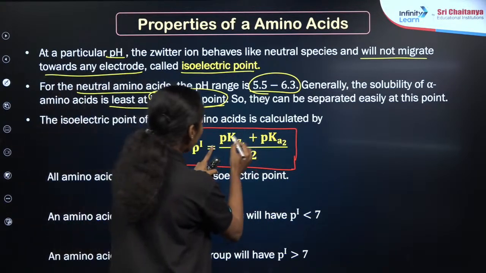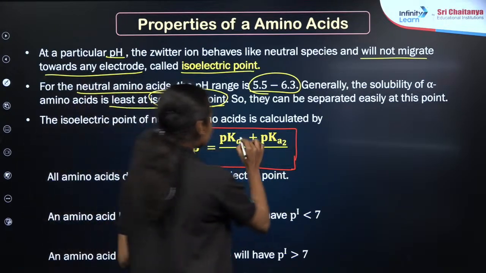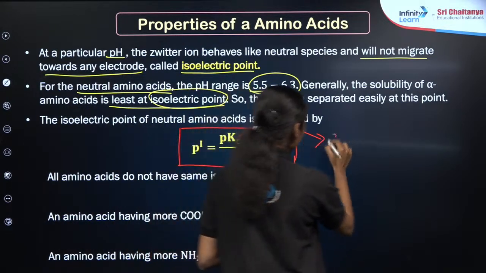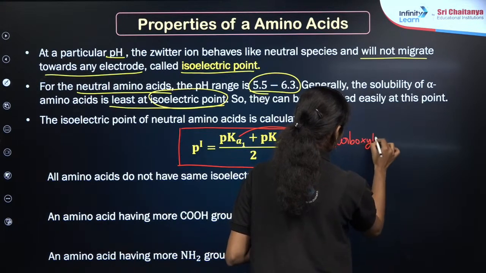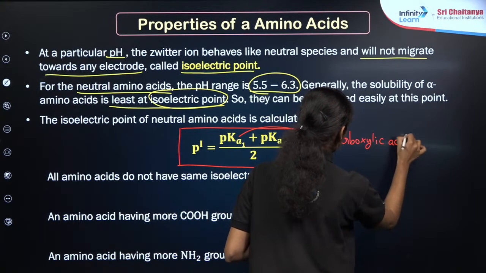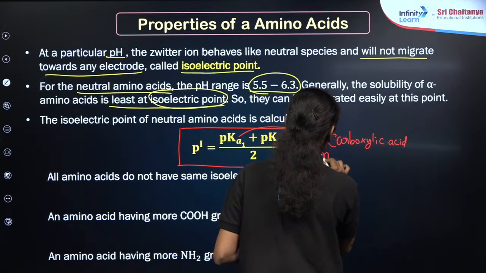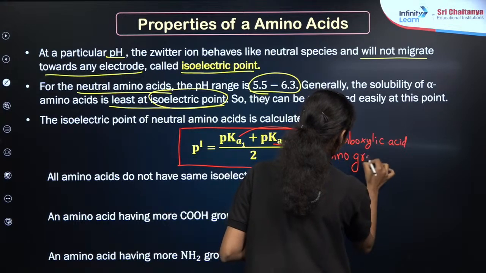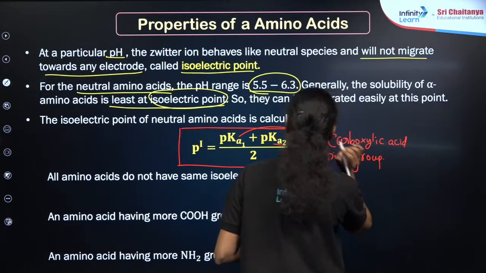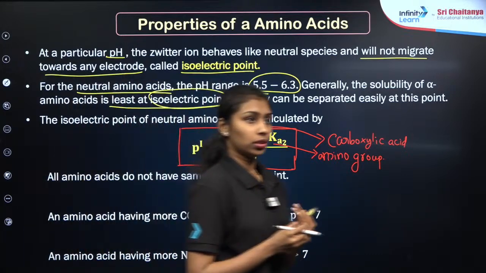That is equal to pKa1 plus pKa2 divided by 2, where pKa1 stands for the pKa value of the carboxylic acid group, and pKa2 stands for the pKa of the amino group. Based on this expression, you may get numerical problems also.